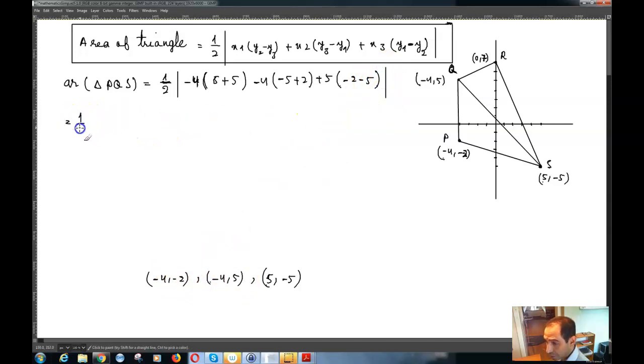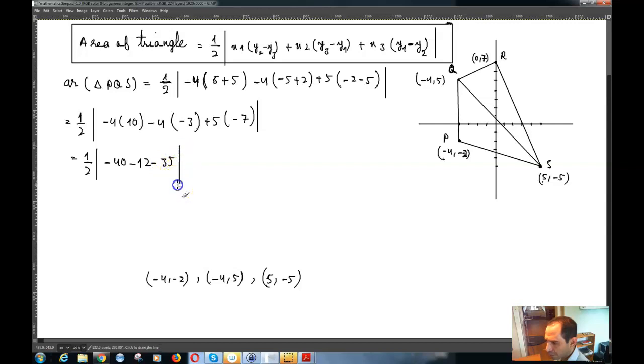And then you can write this as 1/2 times negative 4 times 10, negative 4 times negative 3, since negative 5 plus 2 is equal to negative 3, and plus 5 times negative 7. That's equal to 1/2 times negative 40, negative 12, negative 35.